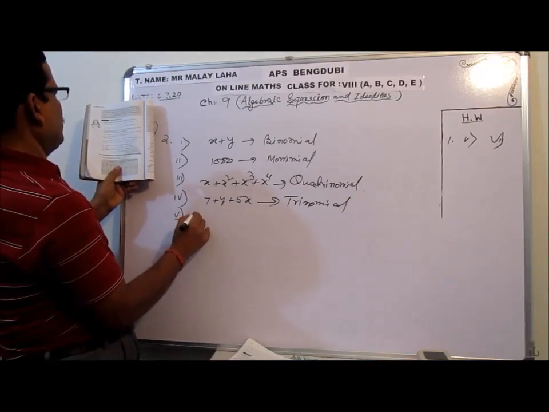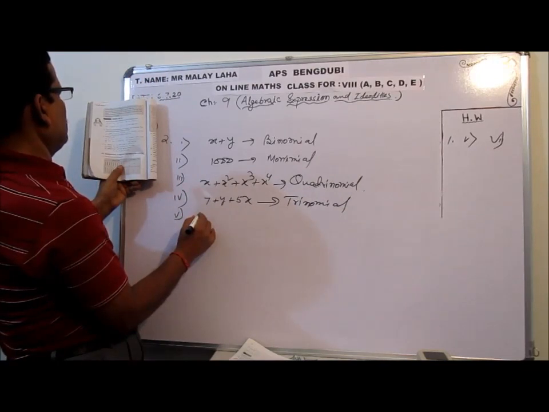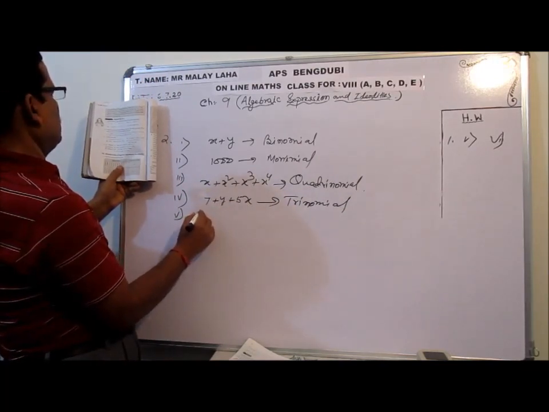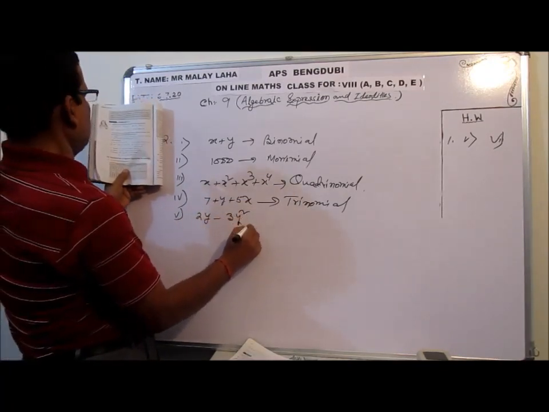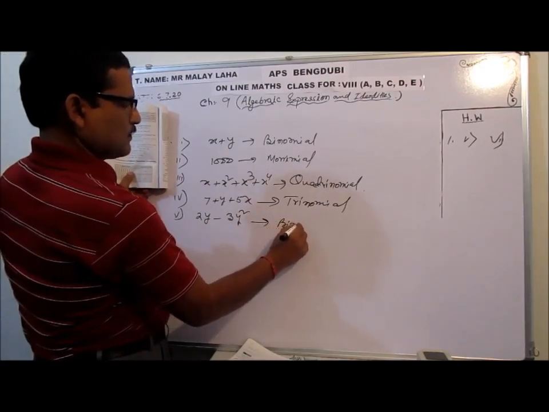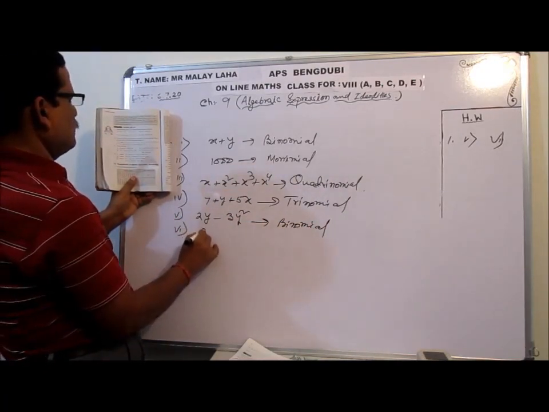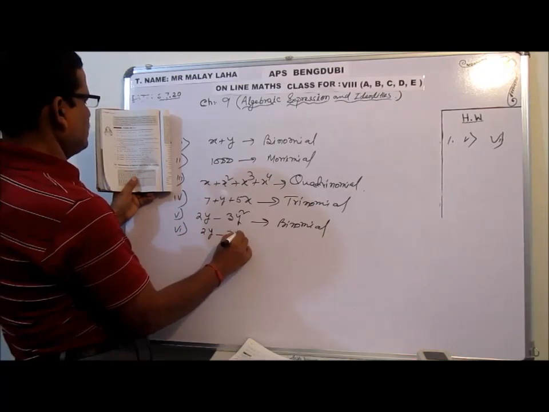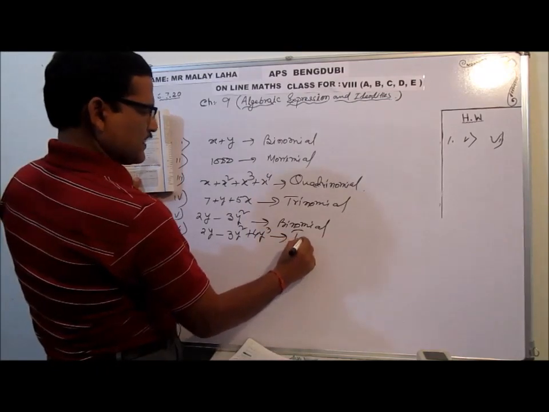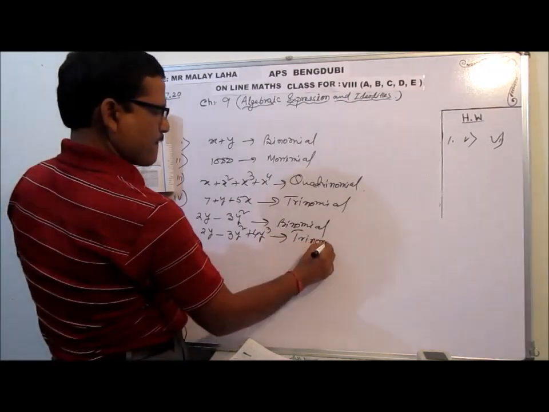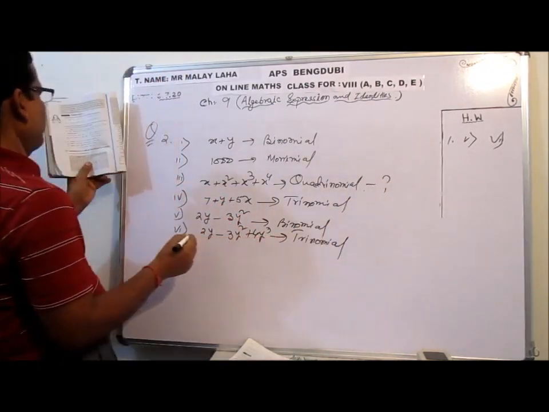Question number 5, minus 5x, then 2y minus 3y square. It is binomial. Next one, 6. 2y minus 3y square plus 4y cube. It is trinomial.